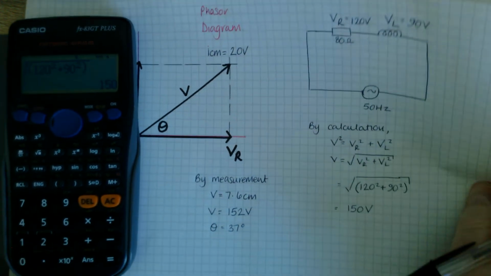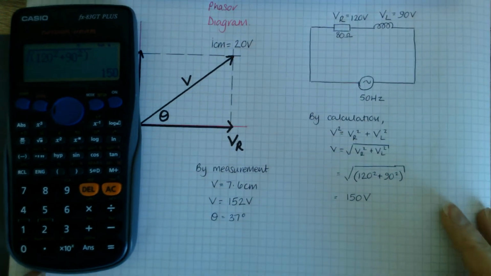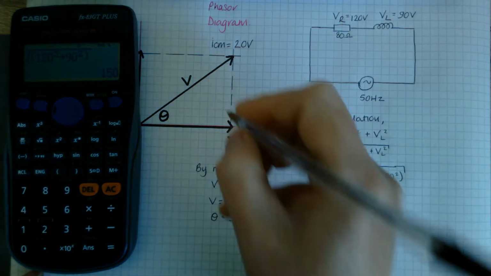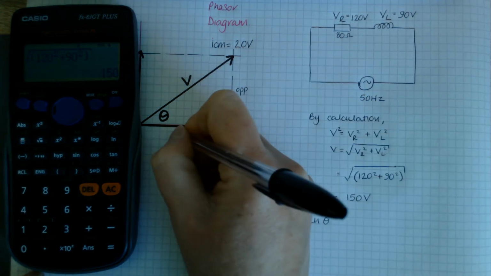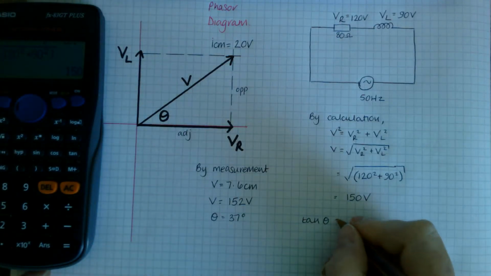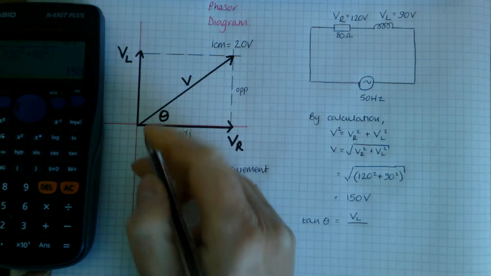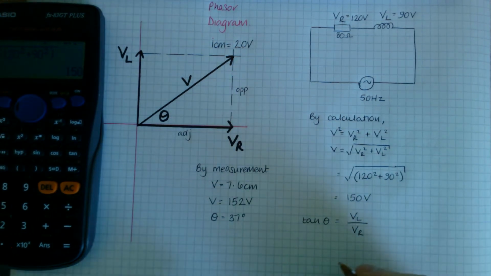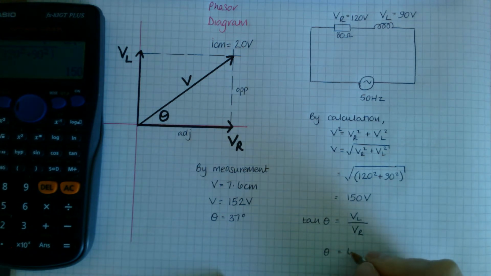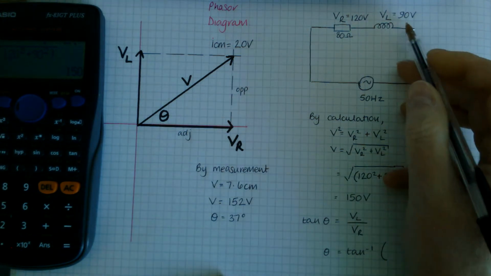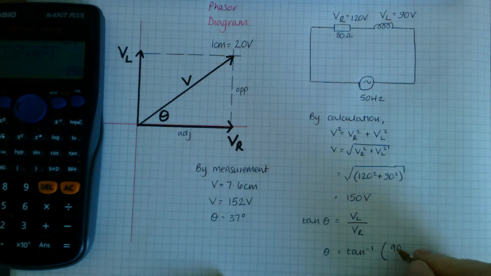By calculation again to get my circuit phase angle, I'm just going to use tan. Tan of my angle equals my opposite over my adjacent. The length of my opposite is my VL. The length of my adjacent is this one here, VR. So my angle is going to be the inverse tan of VL, 90, divided by my VR, 120.